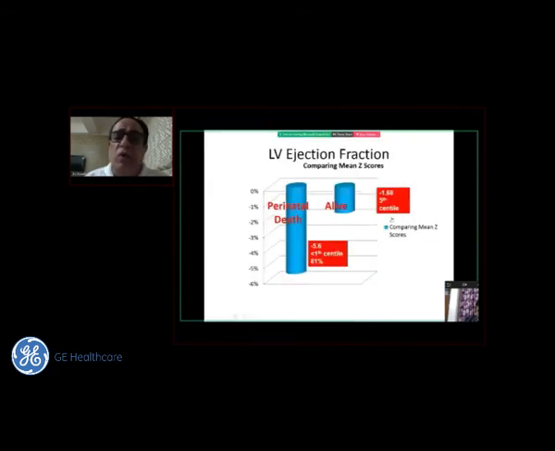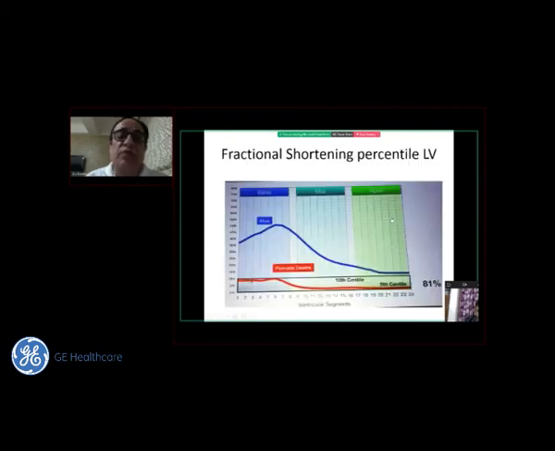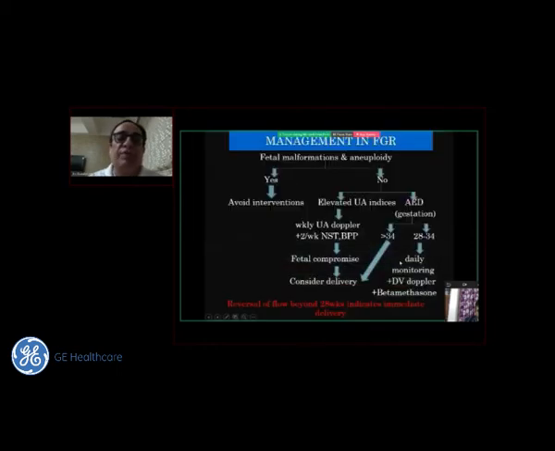And this is Gregory Vohr's landmark paper, which said that at the end of it all, if the left ventricular ejection fraction is poor, and if the left ventricle dilates, we are in for trouble. So this is something we need to look at even more aggressively in the late FGR fetuses.